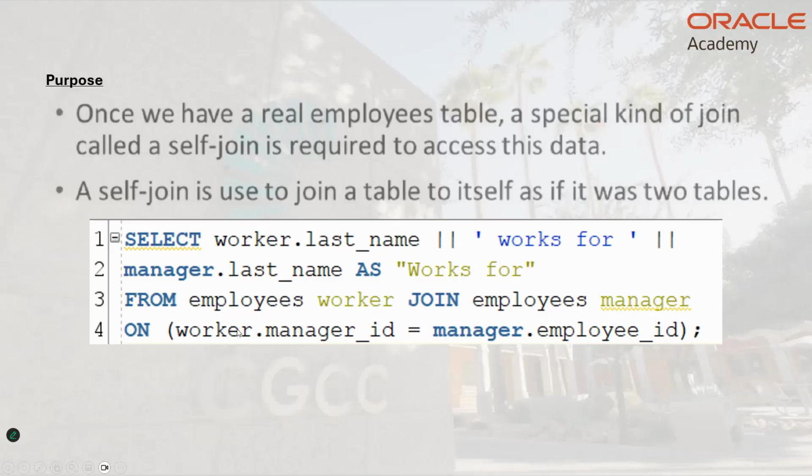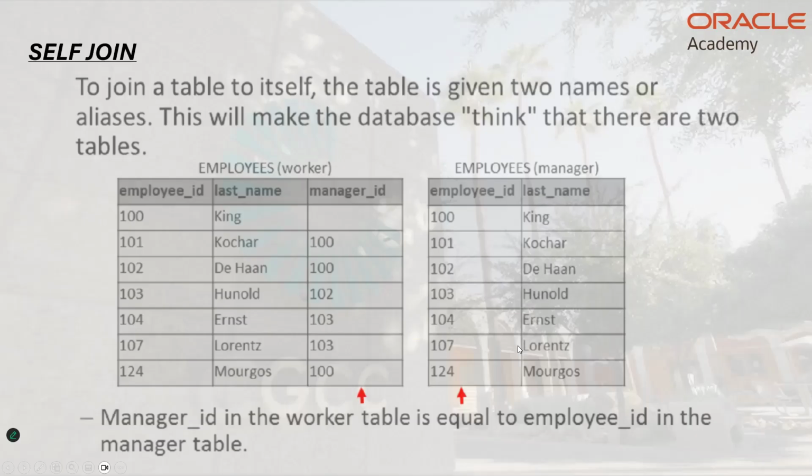And you're looking at worker.manager_id equal to manager.employee_id. That does take a little bit to wrap your head around because we're dealing with one table. So employees is worker, employees is manager. Within that table, you have an employee ID column and a manager ID column, which is the manager of that employee. So that's what we're signifying in this query.